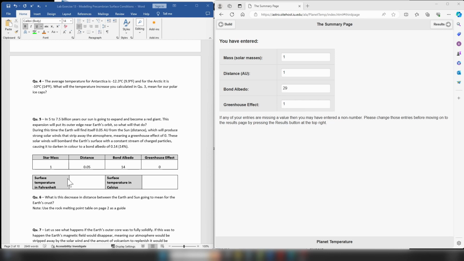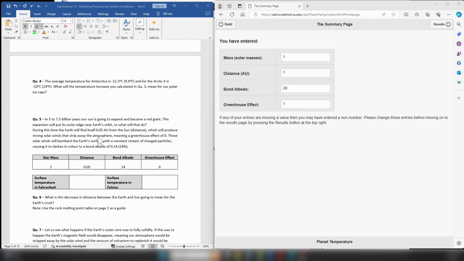As it swells in size, although the star's mass isn't changing, its total volume, its diameter, is going to increase. So the surface of the sun is going to start moving out. It's going to envelop Mercury and destroy Mercury. It's going to do the same to Venus. And in all likelihood, it probably will also envelop and destroy the Earth. But there is a chance the Earth might just survive.